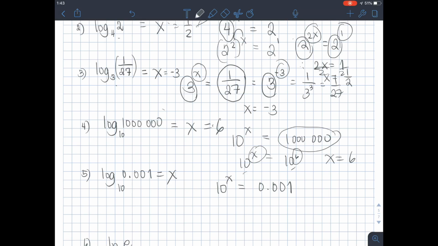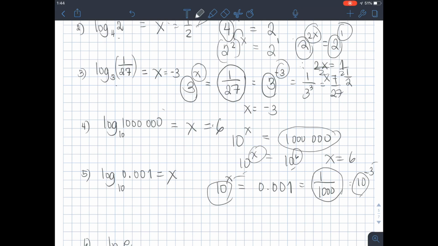Pansin nyo, itong 0.001 decimal, pero pwede natin yung gawing fraction. Saan ba yan equal? 1 over 1,000, right? Or since nga meron tayong fraction, pwede natin itong i-convert into negative exponent. Ano ba yung 1 over 1,000? Parang 10 raised to negative 3, right? Okay? So therefore, same na sila ng base na 10. Pwede na nating equate yung exponents.